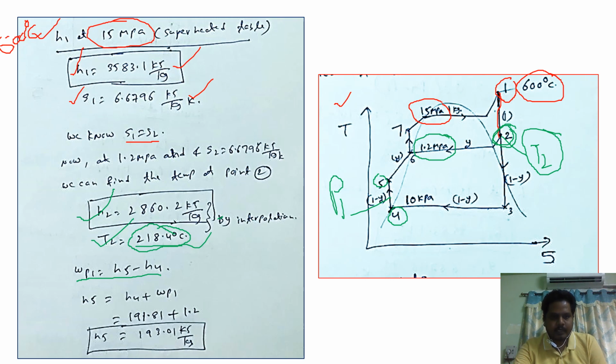So we can write H5 equals H4 plus work done by pump 1. We just calculated the work done by pump 1. The H4 value we have taken from the steam table. If you substitute both values, we will get the enthalpy at point 5, that is 193.01 kilojoule per kg.